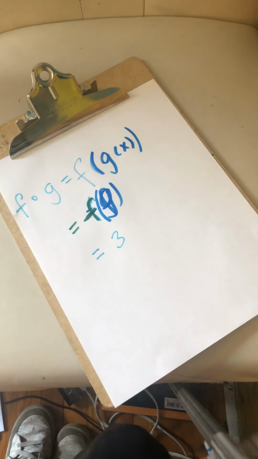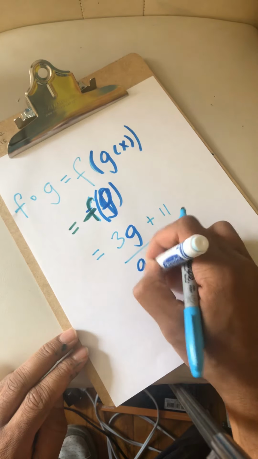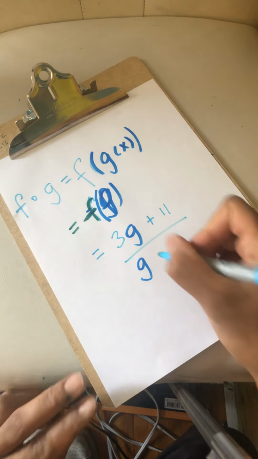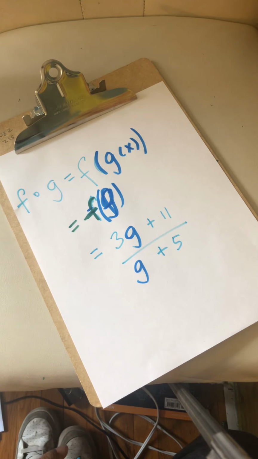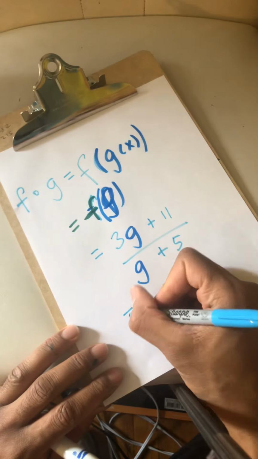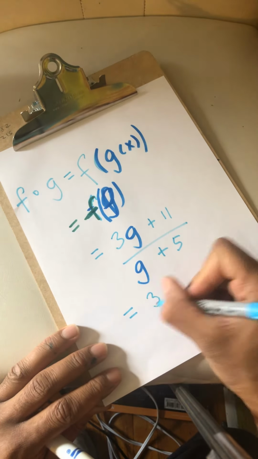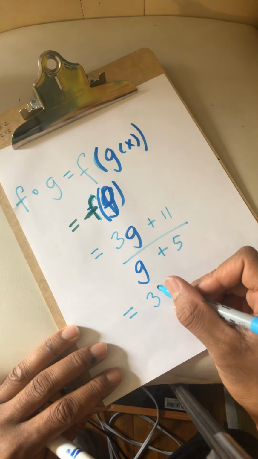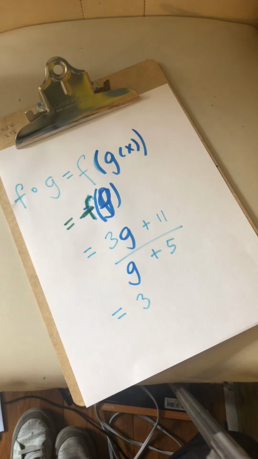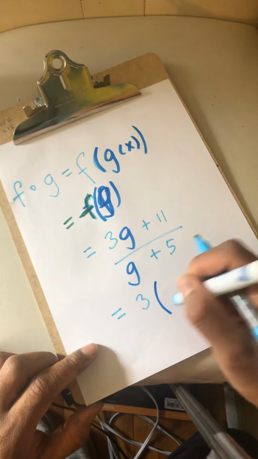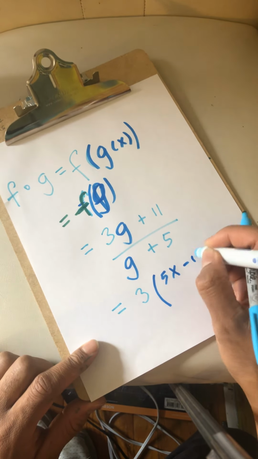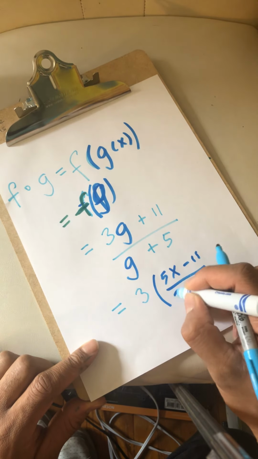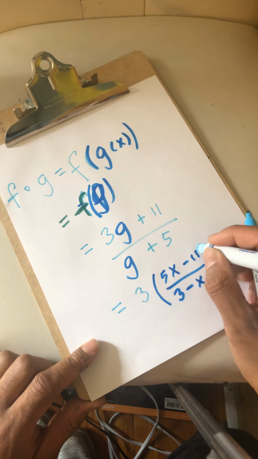And now I have G wherever I see X. That would be good if that's all we had, but we need to go back and write what G is. So what is G? G is this crazy thing here, which is 5x minus 11 over 3 minus x.